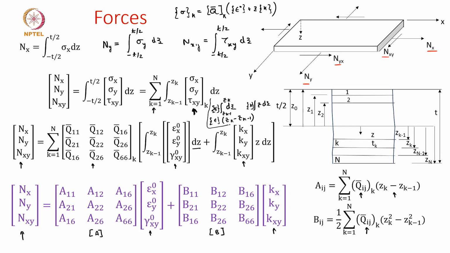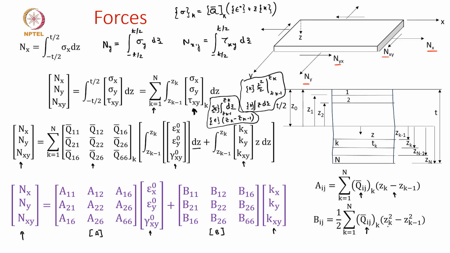We are talking about these terms for the A matrix. And for the B matrix, since we have an integral of z times dz, it should be the curvatures k times z square by 2 evaluated from zk minus 1 to zk. Once you evaluate that, this should give us the B matrix terms.